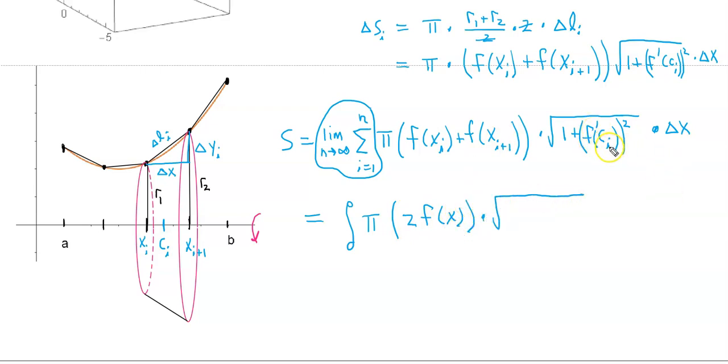Now the f prime of c i, well, what does the c i become? Well, the c i is nestled in between x i and x i plus 1. And as n goes to infinity, these two values are getting squeezed together to form a single x. So the c i must equal that x. So the c i also is just x.